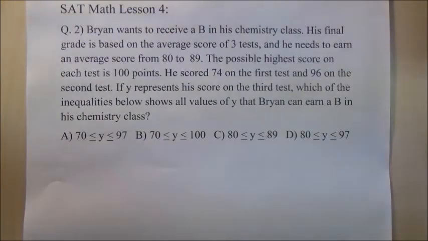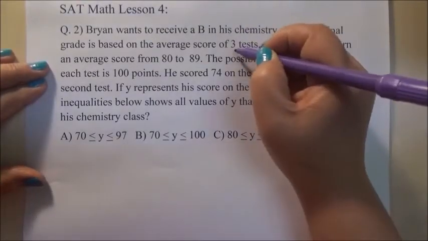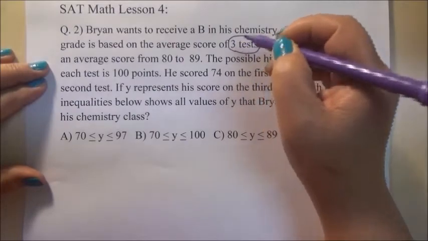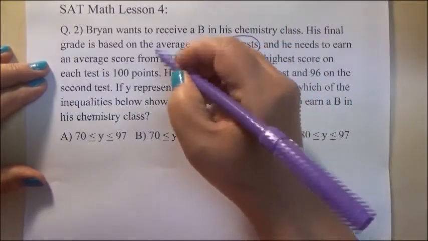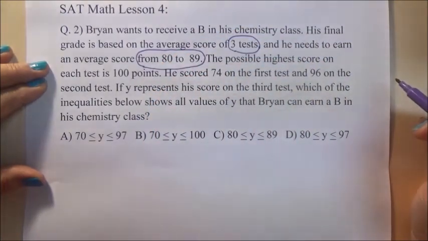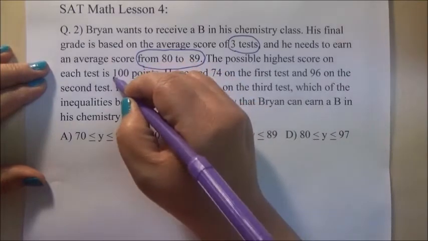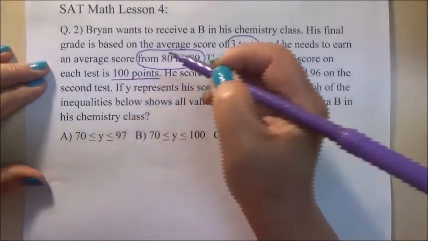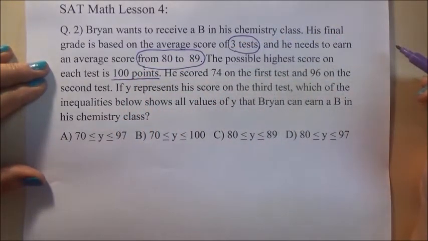So we're gonna mark key numbers again. So 3 tests and then average score from 80 to 89, and possible highest score is 100 points. But this is a very tricky problem, so let's see.